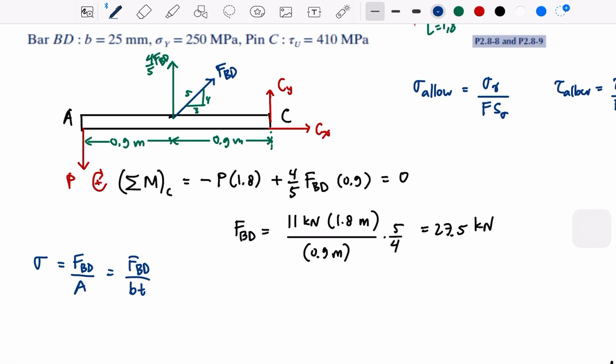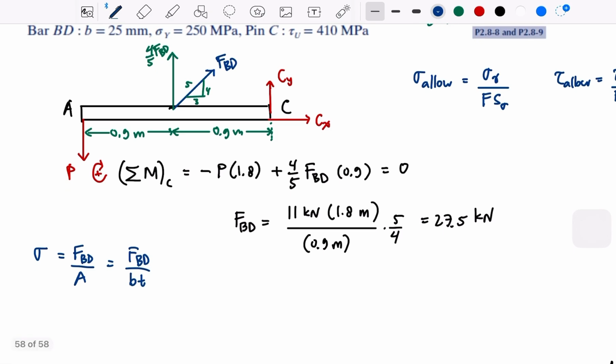Okay. Now remember that we have the safety factor. So the sigma allowable, we need to write as sigma yield divided by the factor of safety of sigma, and this is equal to FBD divided by BT, right?